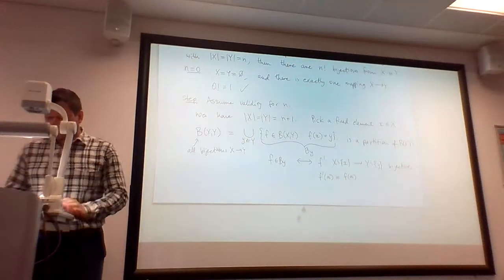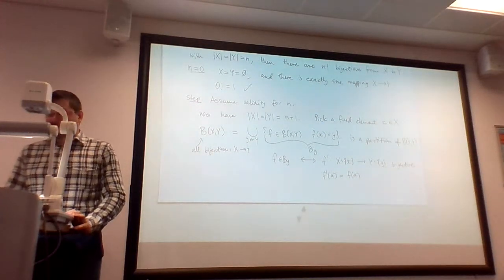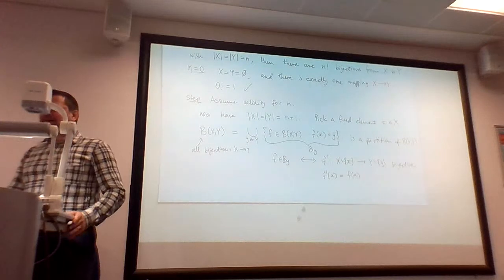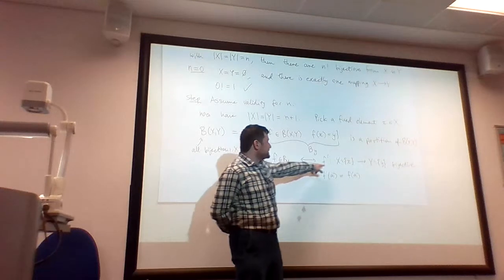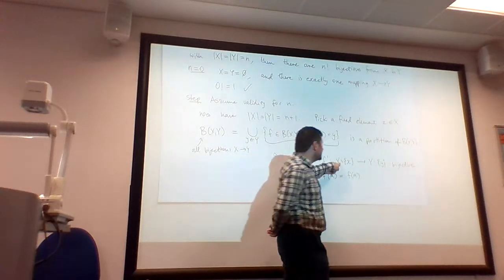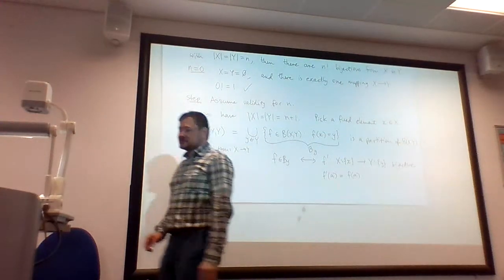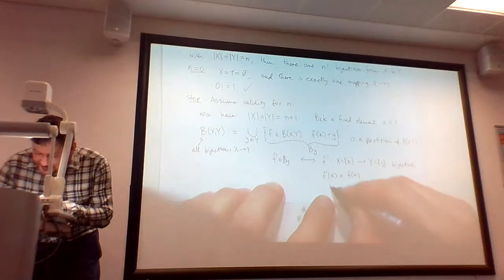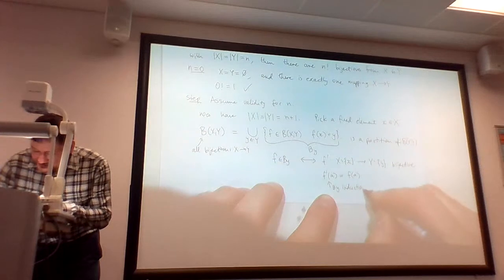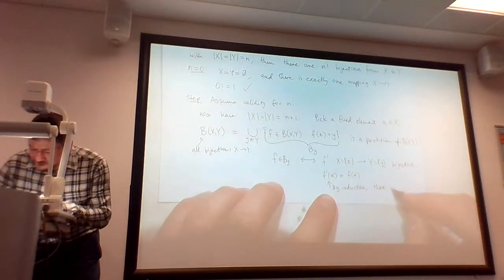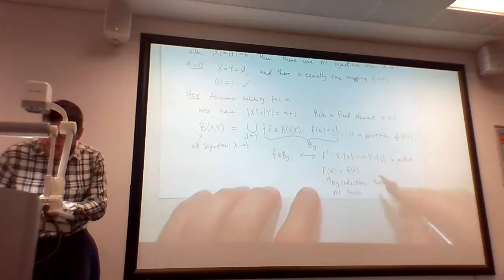And this is a one-to-one correspondence as well. So this is a one-to-one correspondence between this set and the set of all bijections from an n-element set, because we started with n plus 1, to an n-element set. So by the induction hypothesis, there are n factorial such bijections.